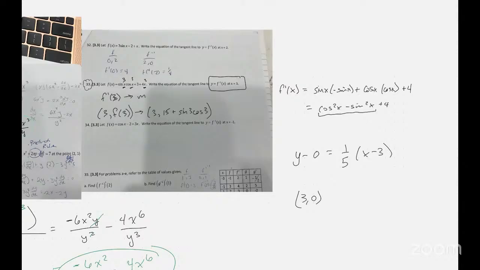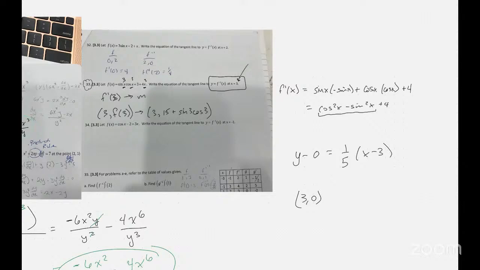So we have to actually do the inverse function for this. Okay. But we can still use 3 as the point. Can we still use 3? I think so. Let's see.